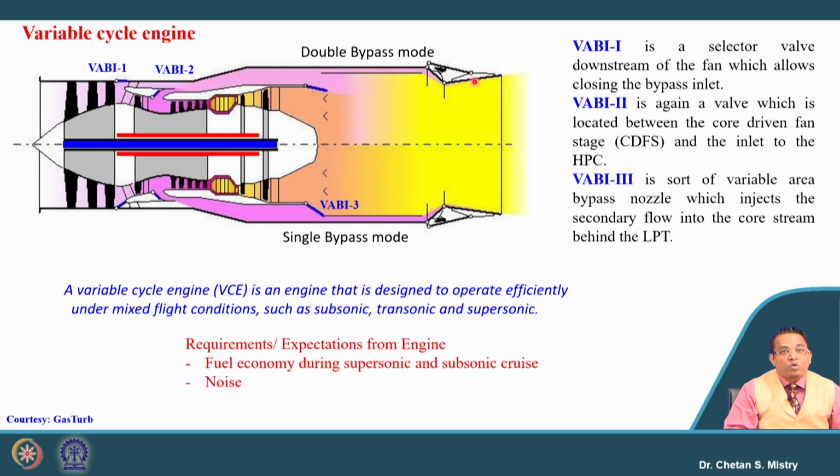Suppose we want continuous flight from one location to another without any stoppage, without landing and refueling. Under that configuration, we are looking for fuel economy during cruise operation. So basically we want to increase our range and our endurance. At the same time, we also need to focus on the noise.